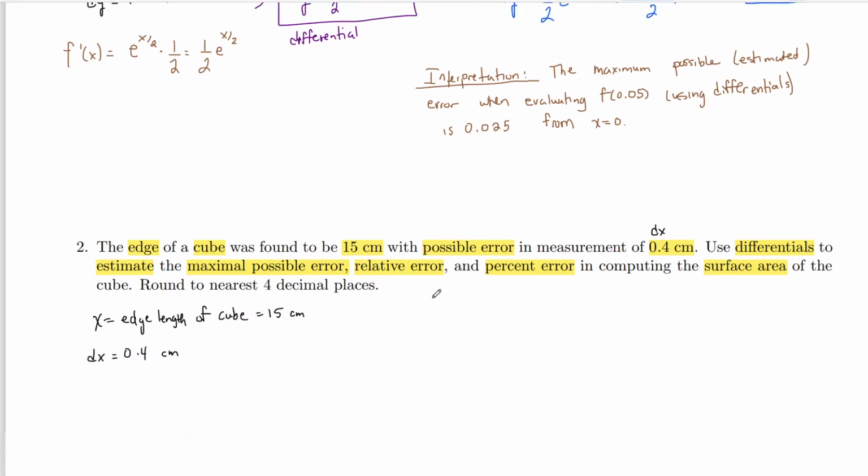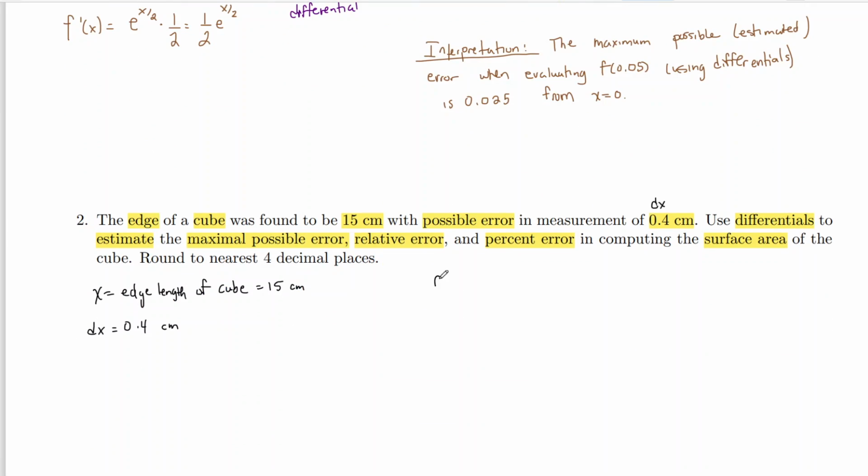Well, we just need to come up with the function, but the function f of x, that's going to be the surface area of a cube. And if you're, once again, not familiar with these formulas, just look them up. This is going to be 6x squared.